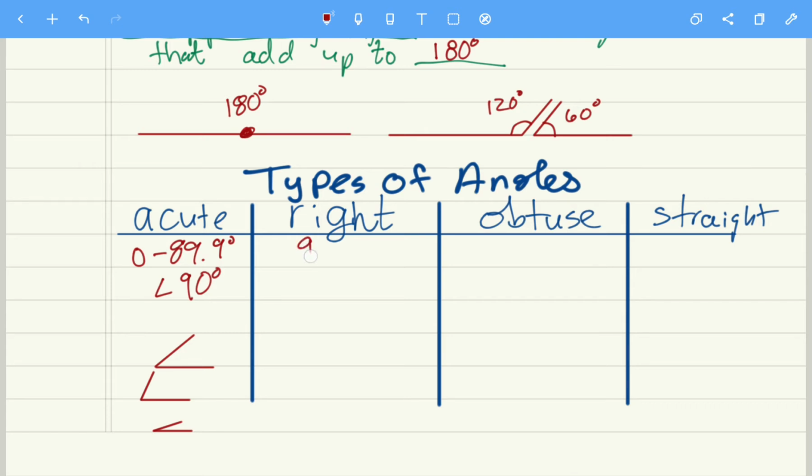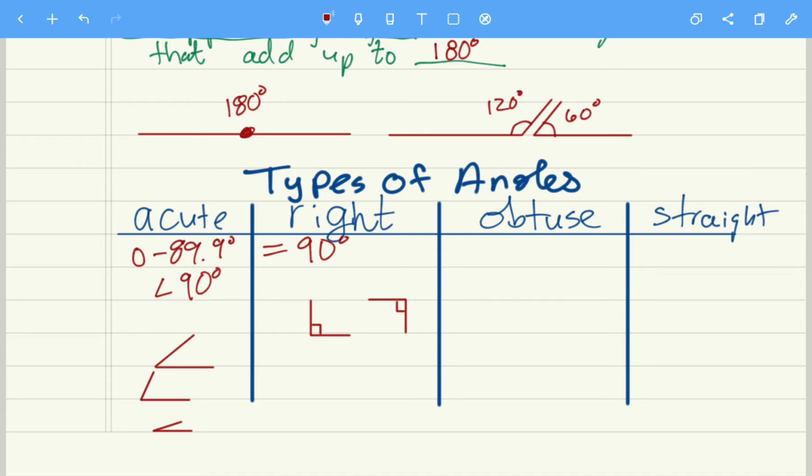A right angle is exactly 90 degrees. So it's going to look like this or this. We can always flip it around. And sometimes you'll see this little box in the corner.